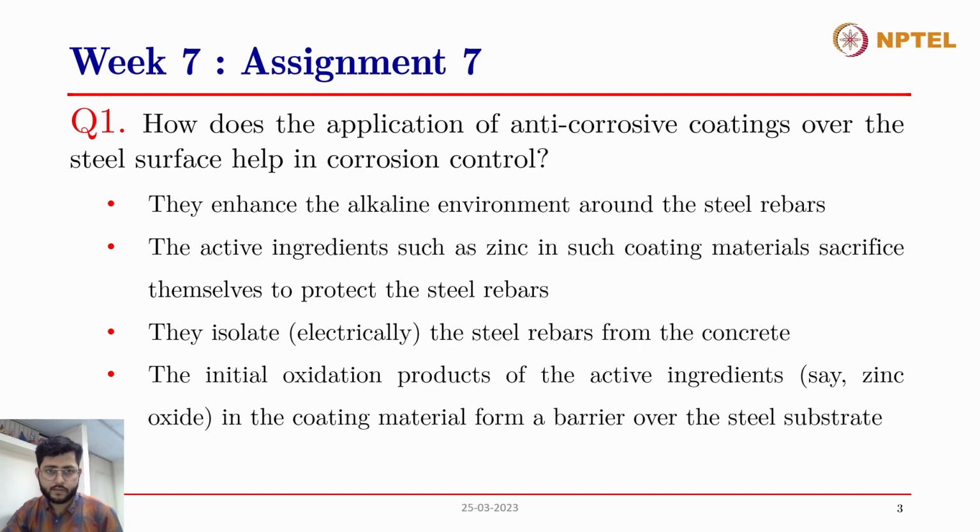The statements were: they enhance the alkaline environment around the steel rebars; the active ingredients such as zinc in such coating materials sacrifice themselves to protect the steel rebars; they isolate electrically the steel rebars from the concrete; the initial oxidation products of the active ingredients, zinc oxide, in the coating material form a barrier over the steel substrate. Which of these options are correct regarding the anti-corrosive coatings over the steel surface? Can somebody answer this question?